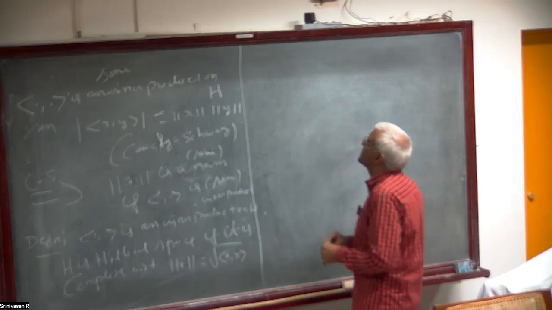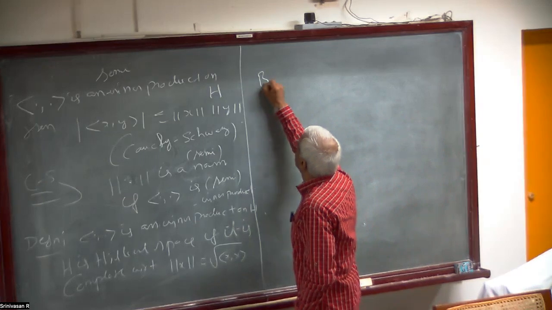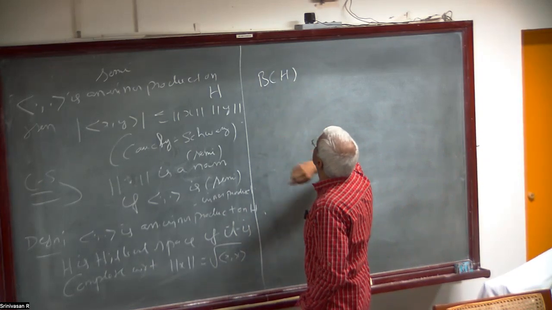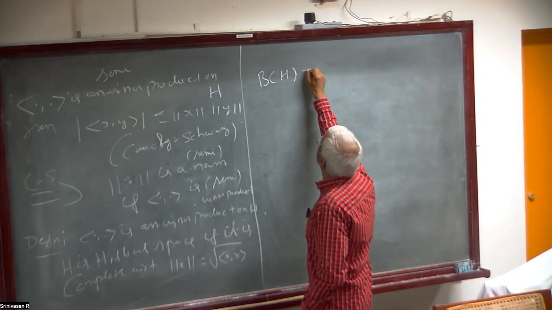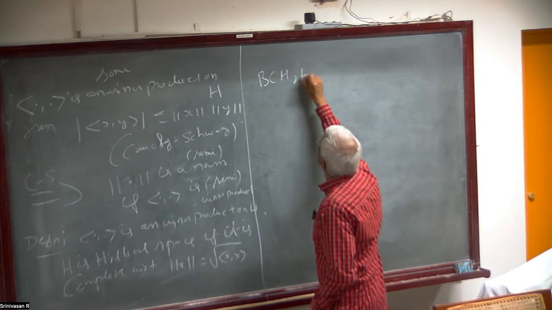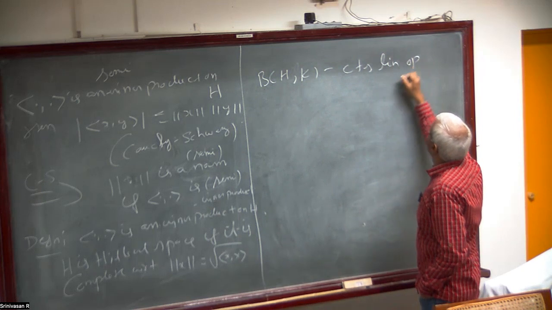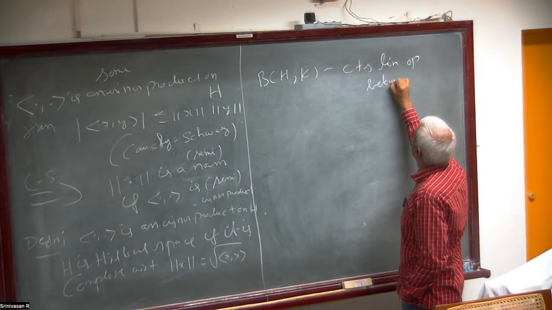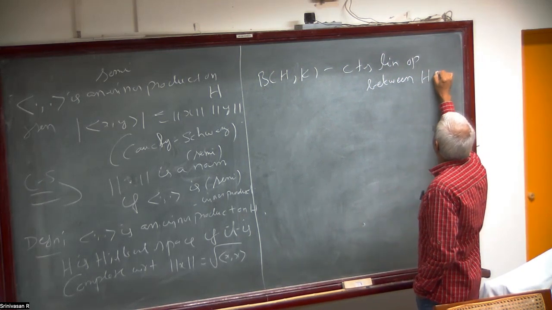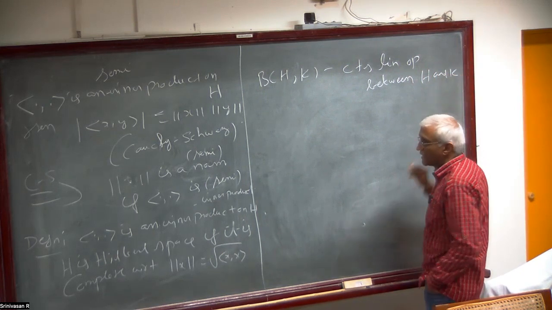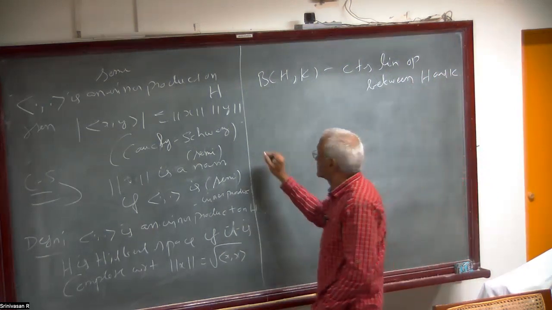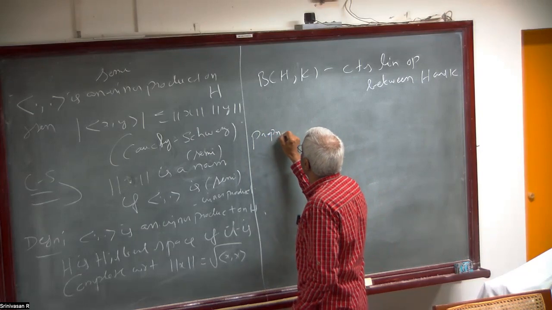Now we will deal with this Banach space, which is B of H. What is B of H? It is the set of all continuous linear operators between H and K. I hope you have seen this proposition. I will not prove it.